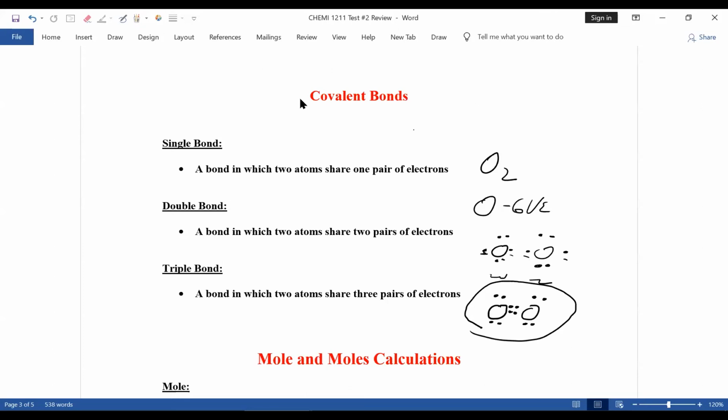Time's up. Notice here, we have two pairs of electrons. Two pairs of electrons, it's a double bond. And that's how you do that.